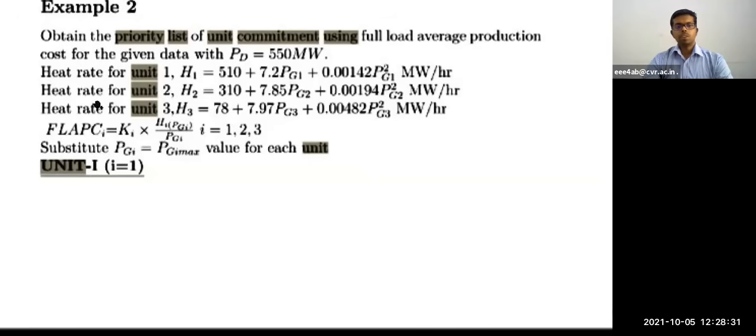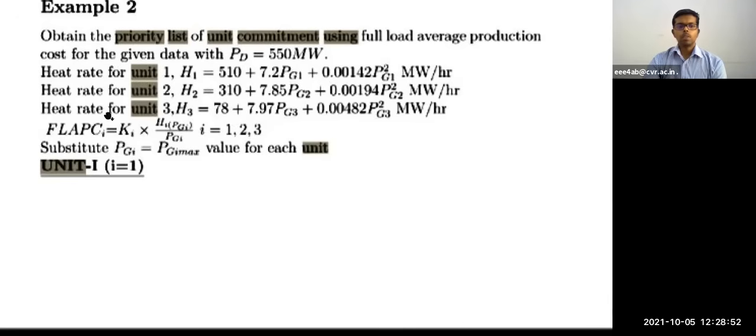Next, heat rate for unit 3, H3 is equal to 78 plus 7.97 Pg3 plus 0.00482 Pg3 square megawatt per hour. This is the heat rate already given in the problem.